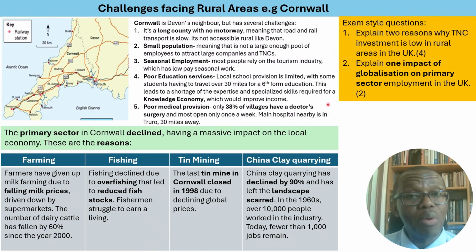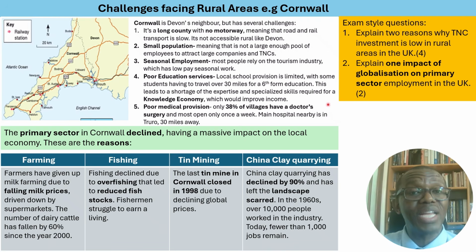And of course, trying to travel across that area without a motorway and without good rail transport, it's going to be extremely slow. So that means that it's not accessible rural like Devon is. There are a lot more problems with that accessibility.